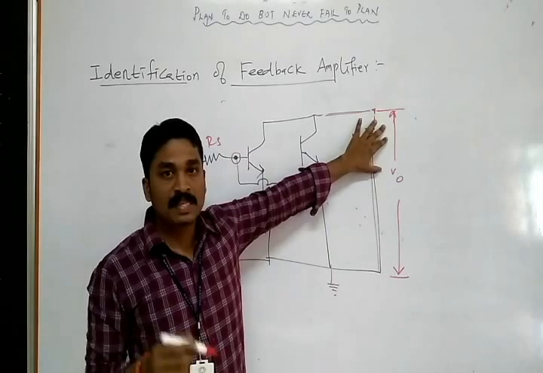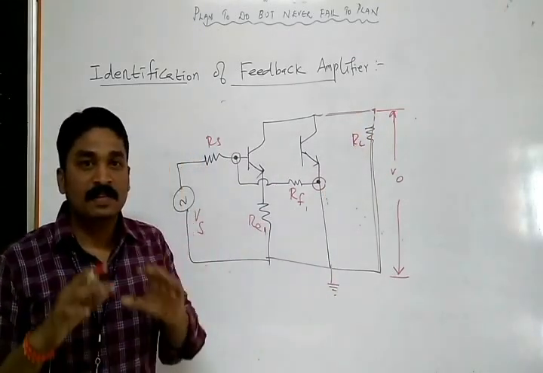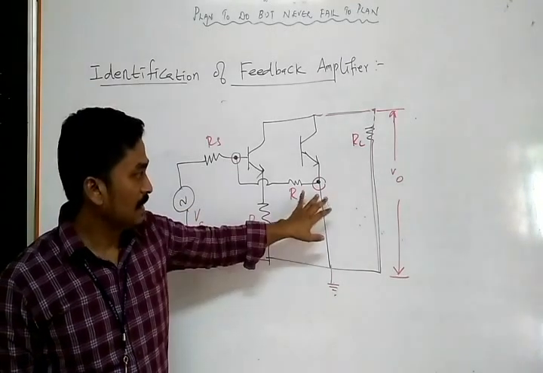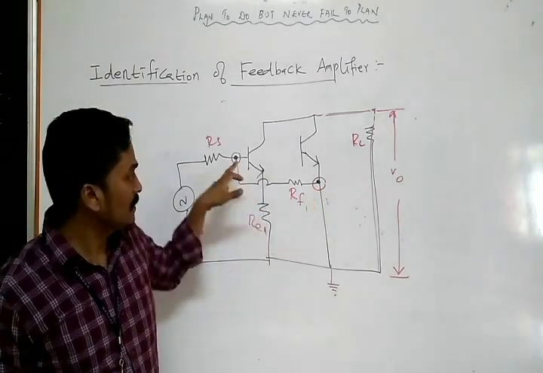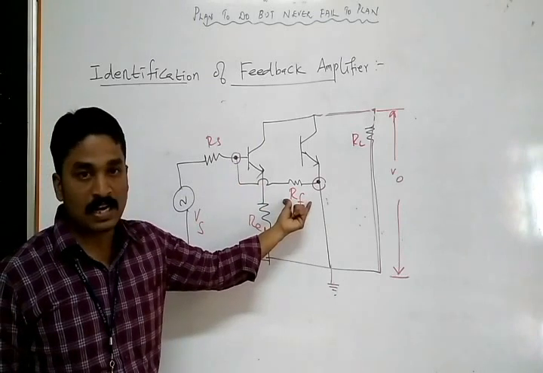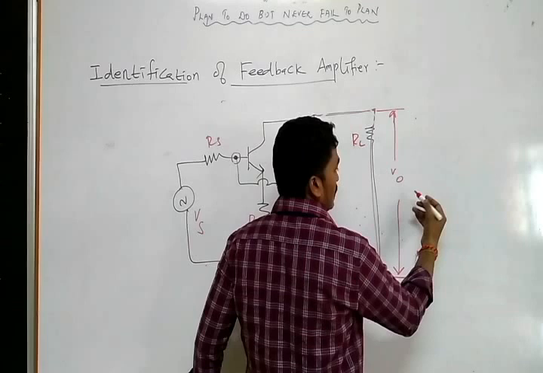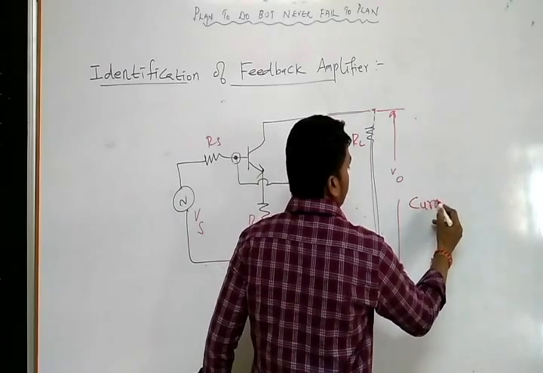This connection is actually called current sampling. After shorting the output voltage terminal, we still get feedback from the emitter terminal to the base terminal through this RF. This type of connection tells us the feedback or the sampling is current sampling.